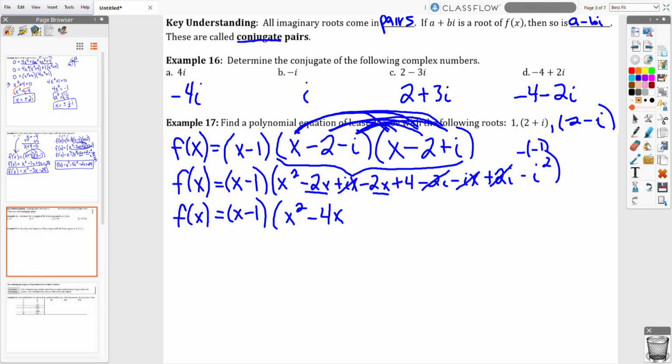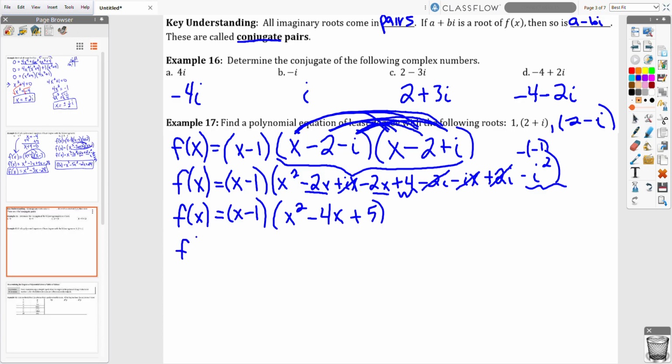So it's really a plus 1. So when I go to combine 4 plus 1, that's going to be a 5 right there. And then we just need to distribute the x minus 1 times that quadratic trinomial there.